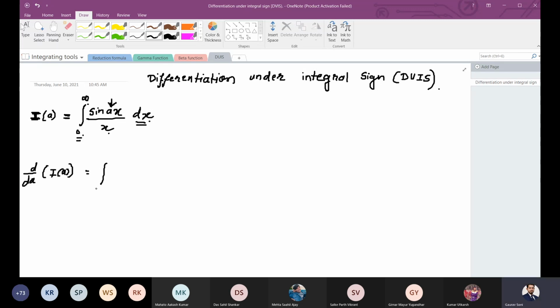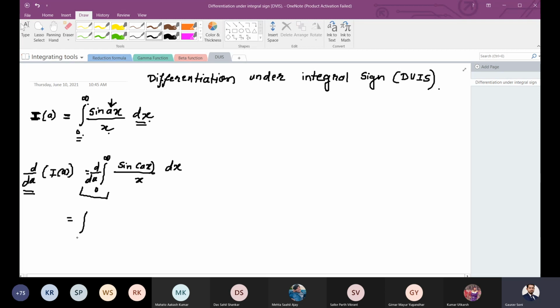So this is equal to d by da outside the integral 0 to infinity of sine of ax upon x dx. Look, integration is with respect to x and derivative is with respect to a, so these two won't cancel out each other. Okay, so if by some rule I can take this d by da inside.